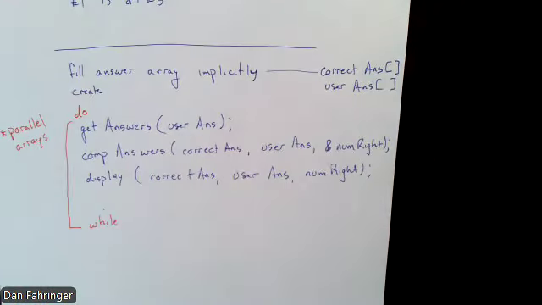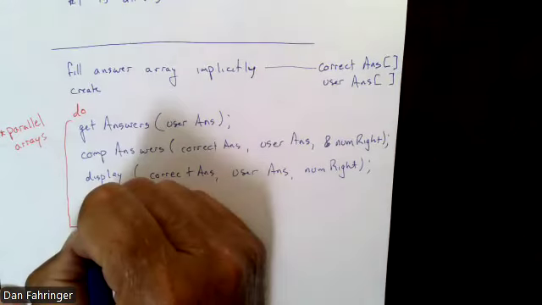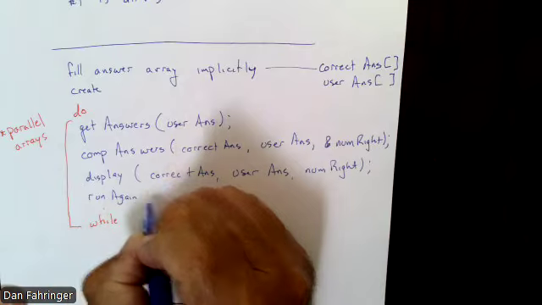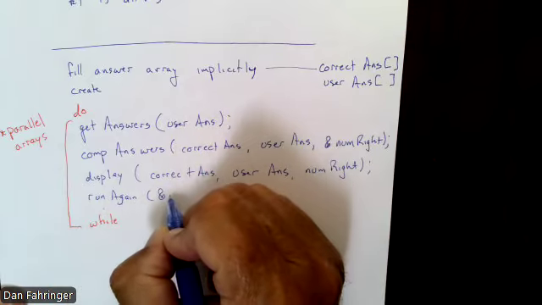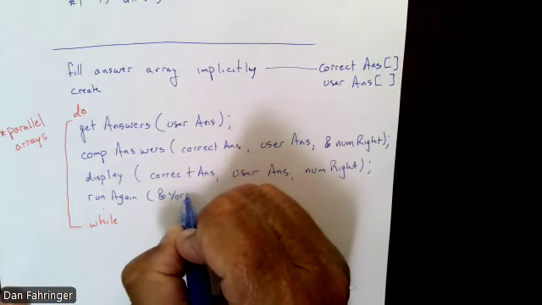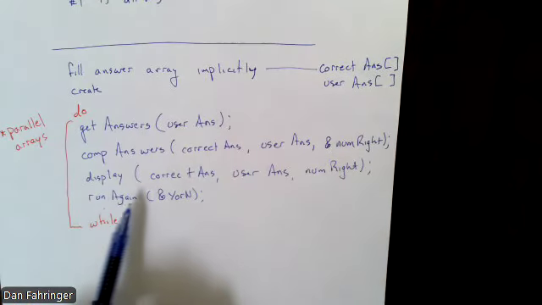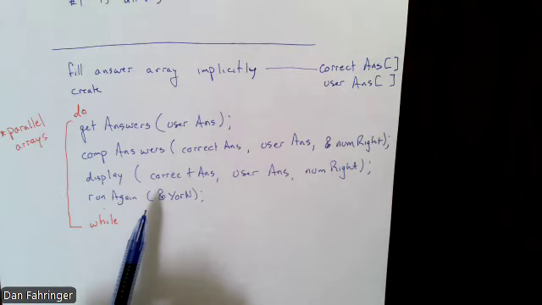Let's throw one more thing in here. Let's throw in a fourth function called run again. And I'm going to have a variable that I'd like to change. I'm going to call it y or n. Because if I write this nice little function, think of the reusability.